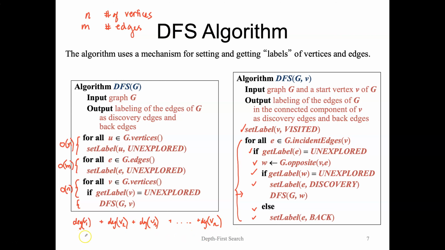So from the handshaking lemma, if you remember from the previous lecture slides on graphs, if we add up the degree of every vertex, the total is 2 times however many edges we have.